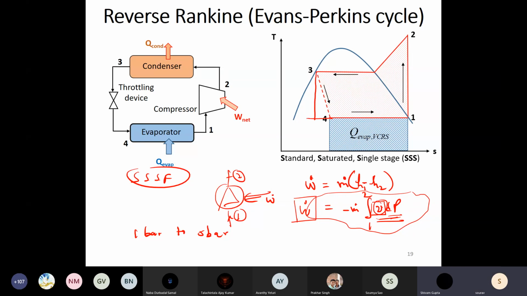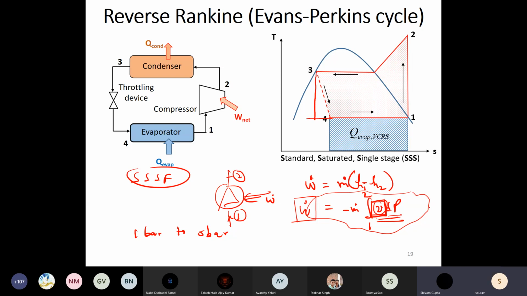You will incur a huge amount of work in the steam compression compared to pumping liquid water from 1 to 5 bar. The entire crux of that lies in this term V. If you have very large specific volumes, the work transfer is also very large.